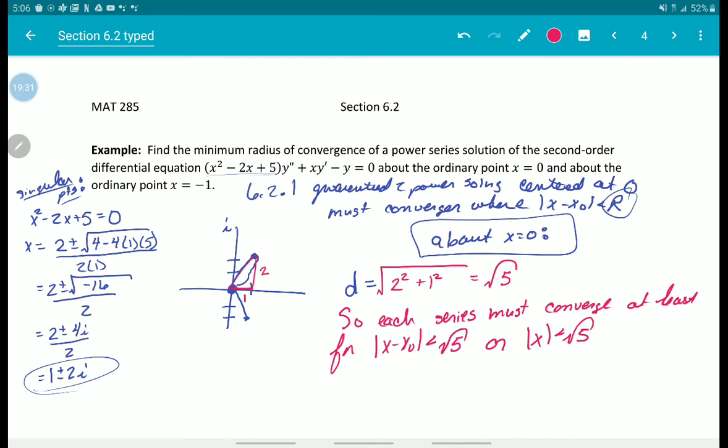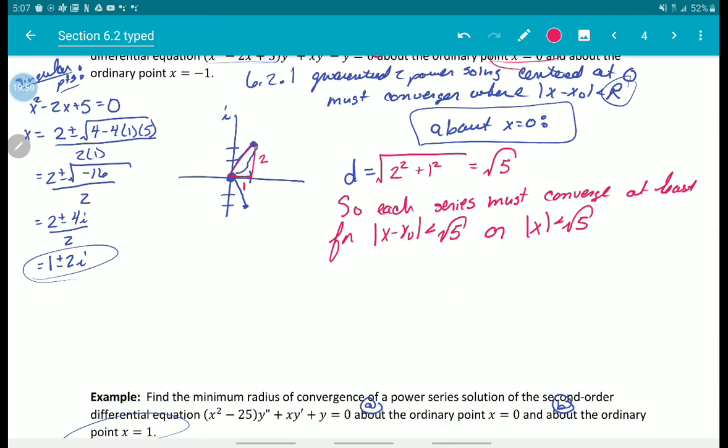So what this is saying is that each of these series must converge. We're talking about the solutions here for the series solutions. So each of these series solutions must converge for at least where x minus 0, because we're looking at being centered at 0, this is our part A, is less than square root of 5. So that's your minimum radius of convergence.